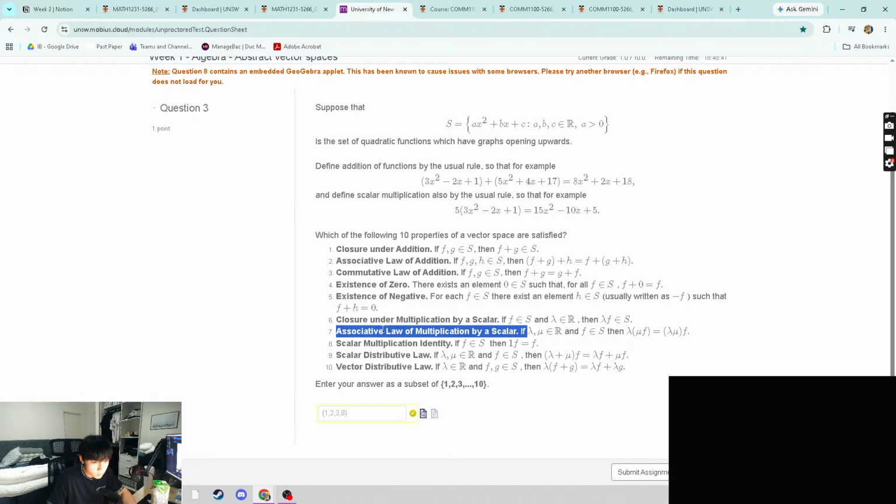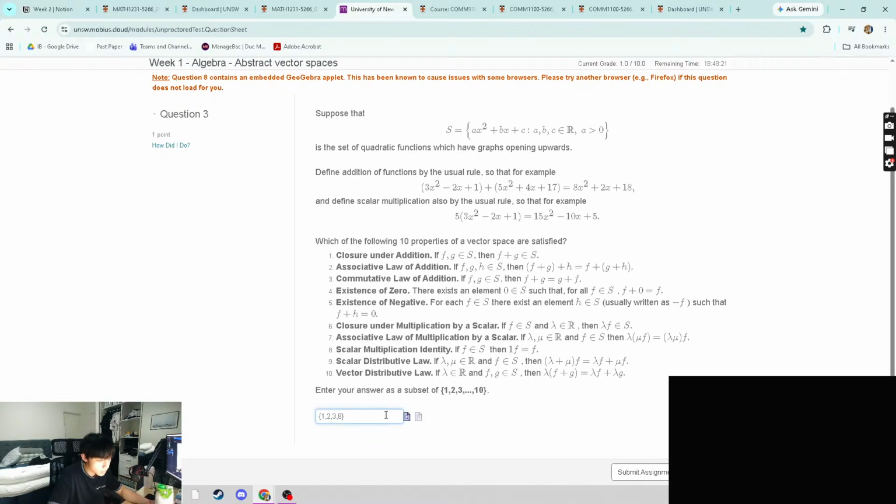Associative, could we flip it around? No, anything that defines it. What if 7 works?